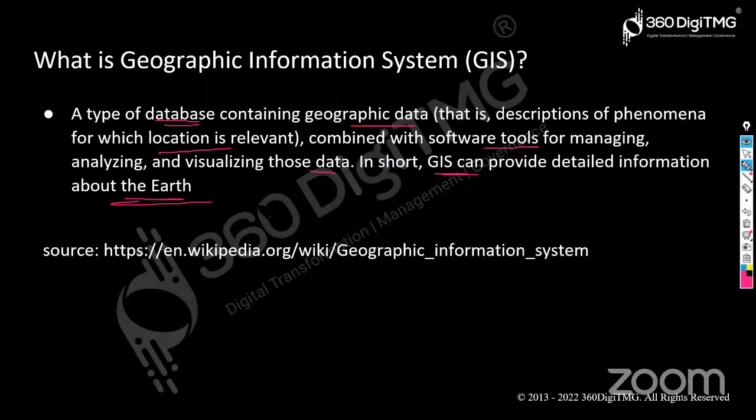I mean, if you're talking about Mars, trying to do some kind of analysis on a specific planet, then it's basically the data or information about that particular location. So GIS is nothing but information or data about different locations. Okay, so geospatial data is data which basically talks about locations.